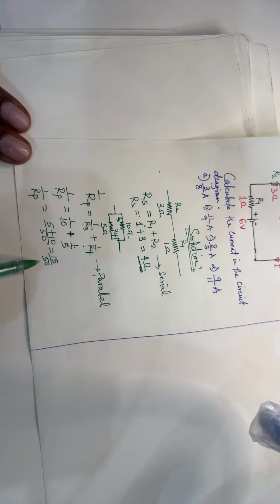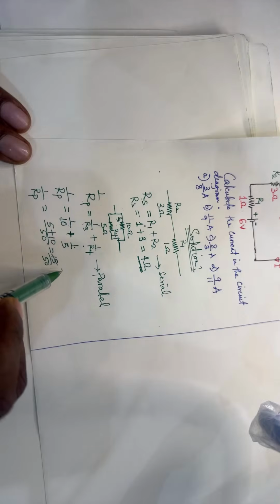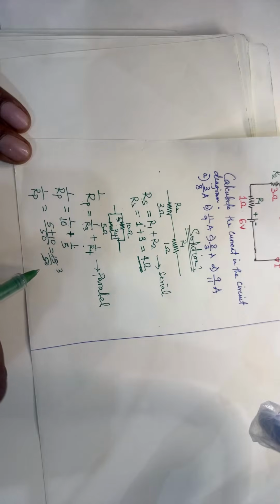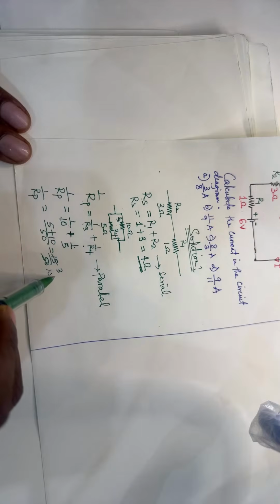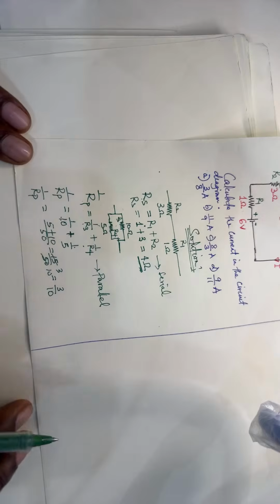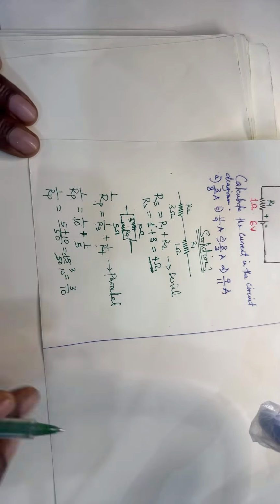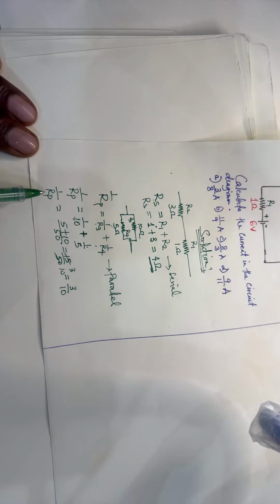So I can ask myself, does 5 go into these numbers? 5 goes into 15 three times, and 5 goes into 50 ten times. So I get the answer as 3 over 10. That's the LCM. But remember, we are looking for the total resistor in parallel, not the inverse.